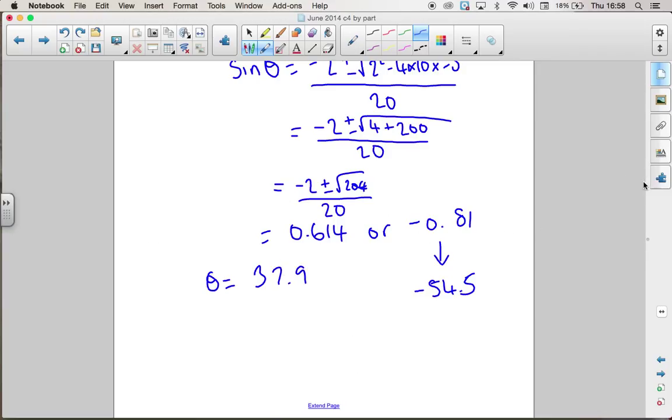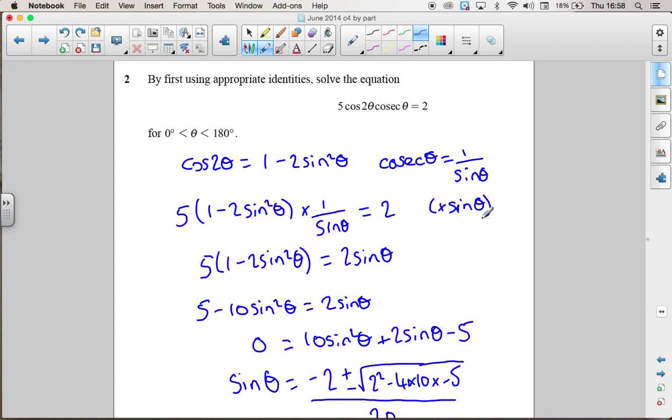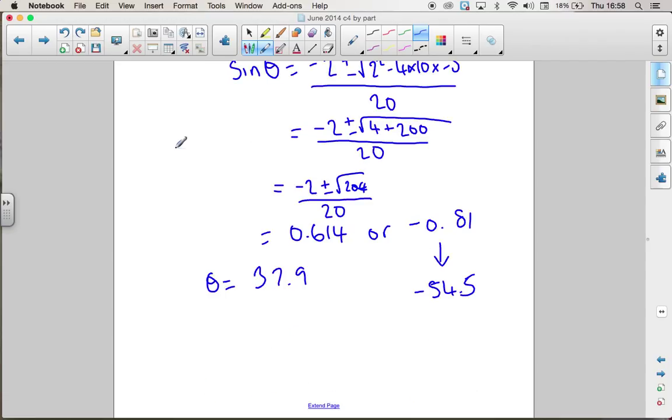I just need to check what the range is, between 0 and 180. So if we think about the sine graph, which looks like this, with 180 here, this value of minus 54.5 will be over here on my graph.